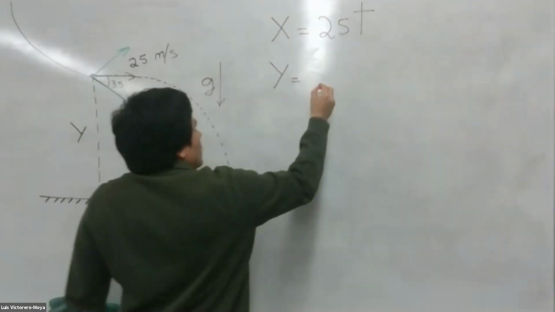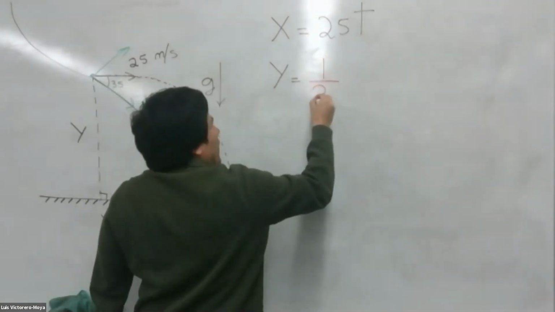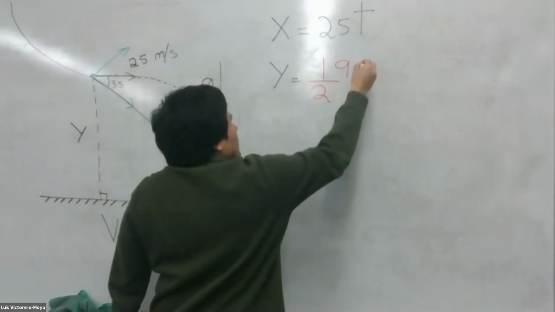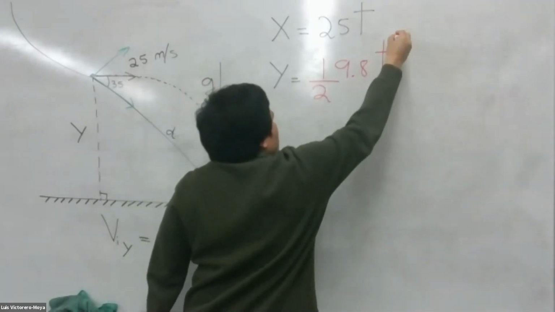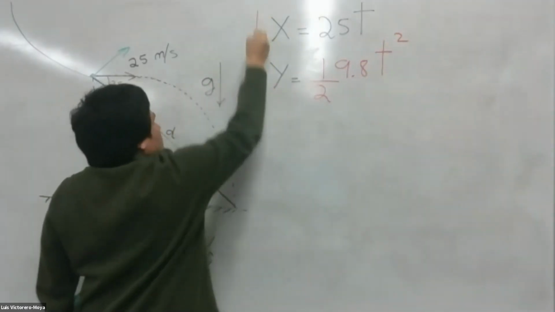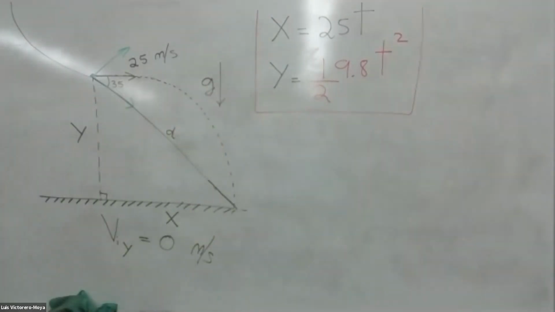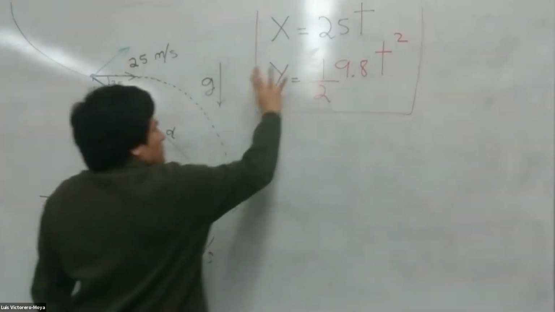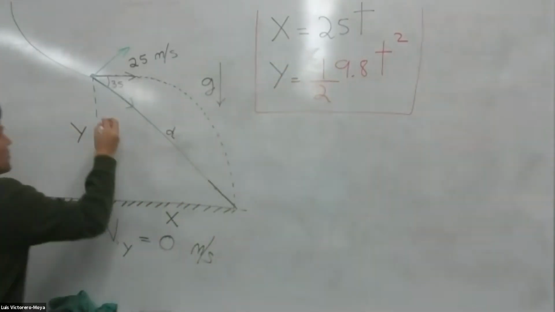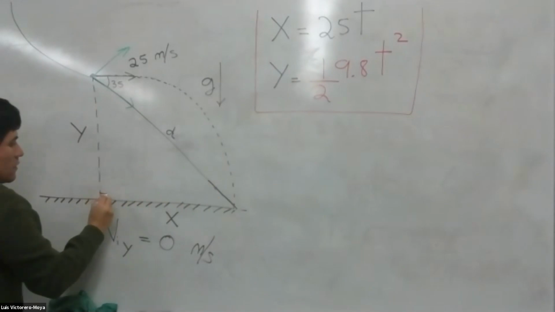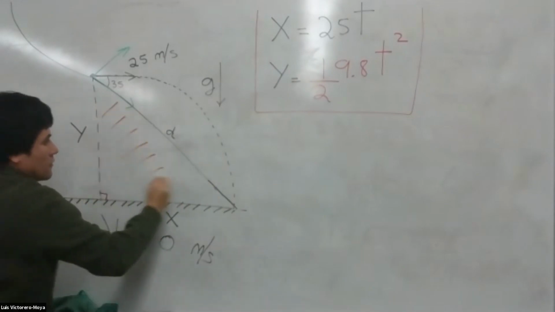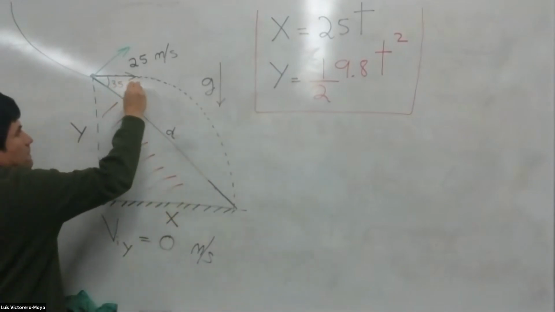So this will be a free fall of 1/2 gravity times the flying time squared, the time in the air. We need those two equations in there. Let's look at this triangle. 90 degrees, 35.